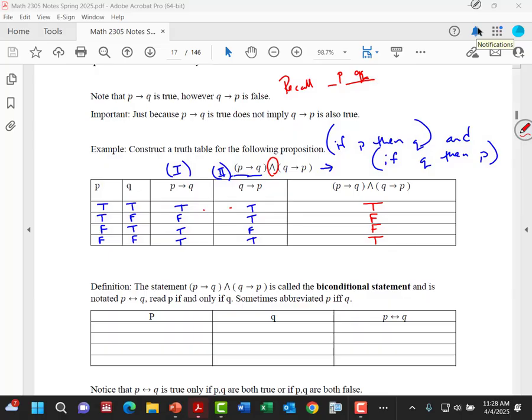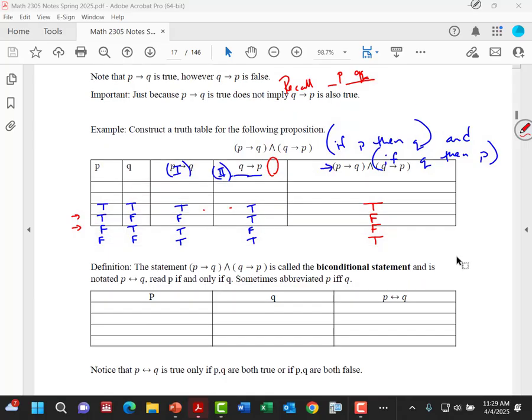So in case 3 and case 4 right here, because I had a false in one of these, the end result was false. This leads us to a new definition, which we will call the biconditional statement. Okay? So let me erase this right here.